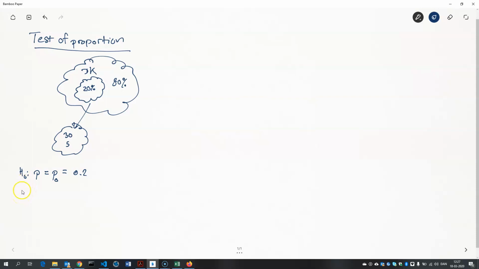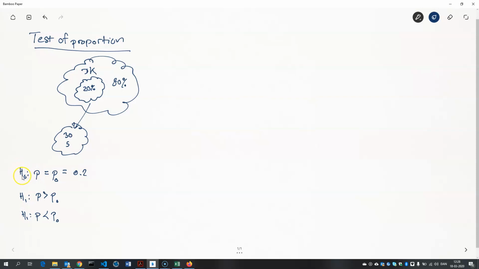So this is the null hypothesis, but what should be the alternative hypothesis? Either it could be that the proportion is greater than P0, or it could be that the proportion is less than P0.